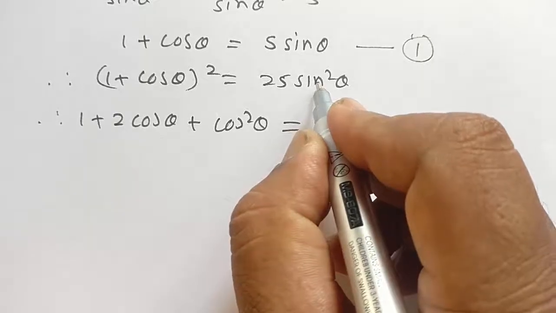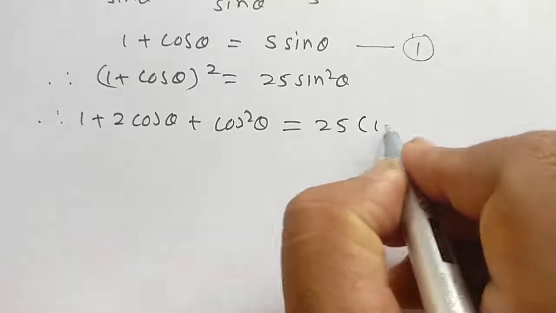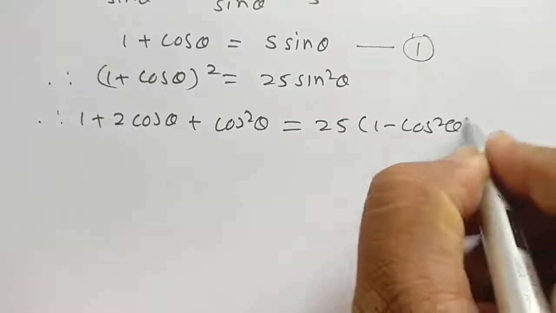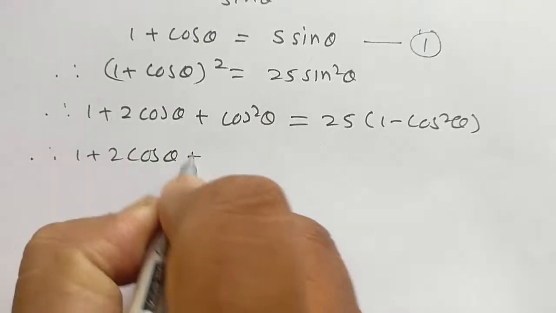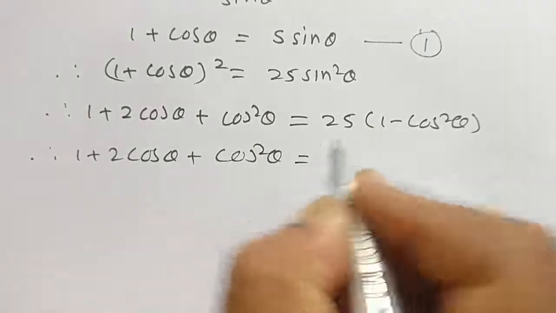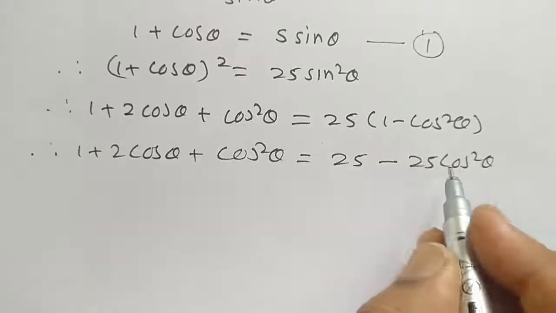Using the identity, we replace sin square theta by 1 minus cos square theta. Therefore, 1 plus 2 cos theta plus cos square theta is equal to 25 minus 25 cos square theta.